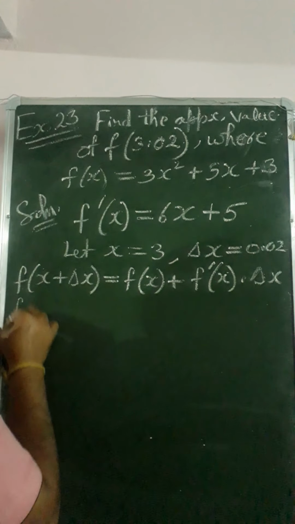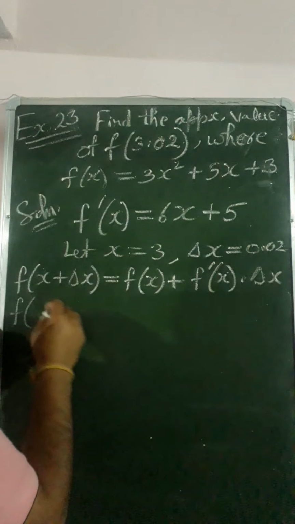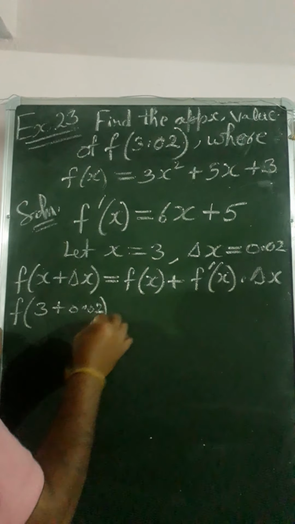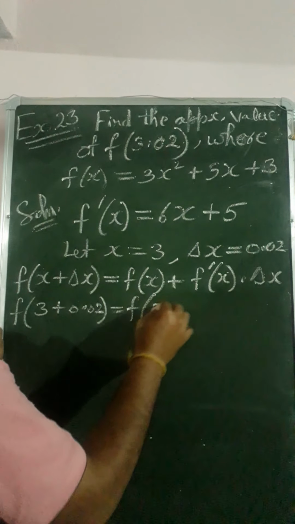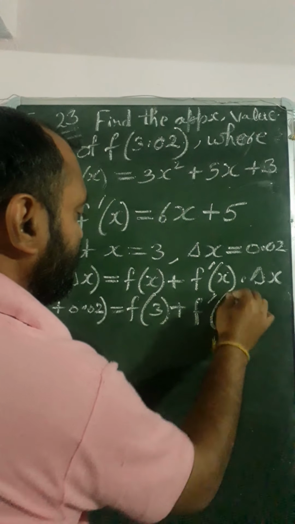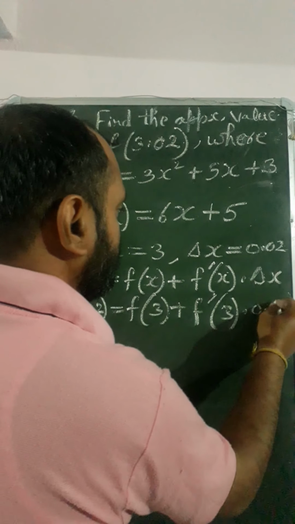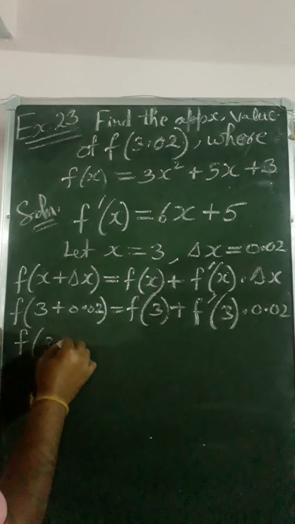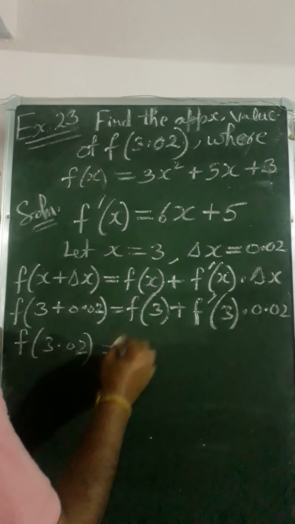So when you put the values of x and delta x here, f of 3 plus 0.02 is equal to f of 3 plus f dash 3 into 0.02.